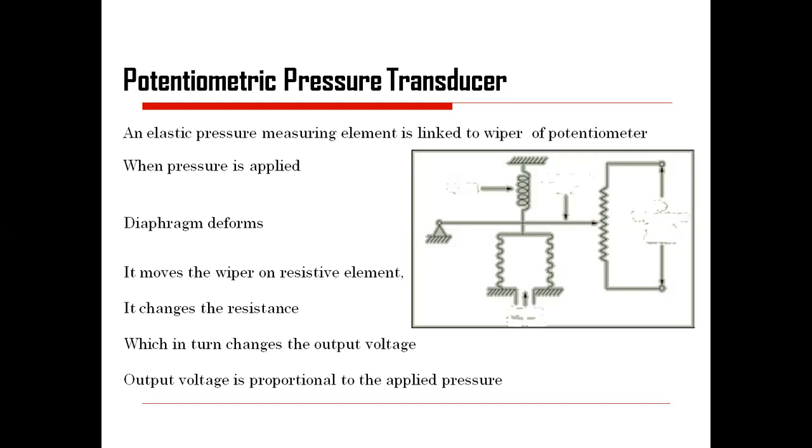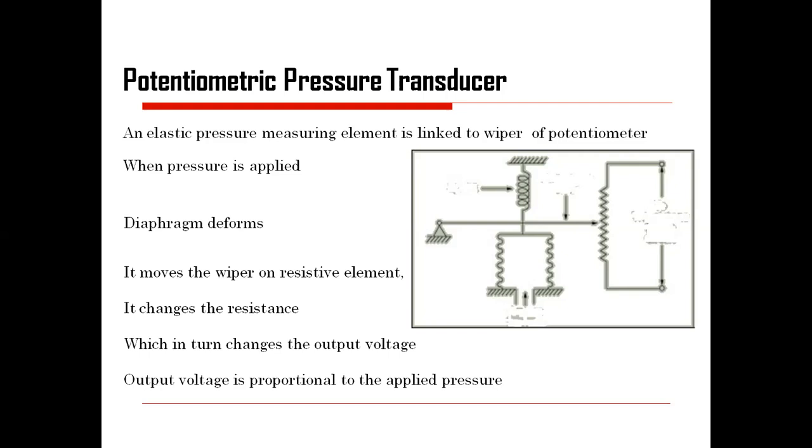So the middle stem, which is associated across the potentiometer, will hold the condition when there is equal strength applied from the spring side and from the pressure side. However, when the unknown pressure is applied to the bellows, the bellows are going to be elongated, and there will be a movement of the pointer. In the upcoming slide, I will show that particular aspect.